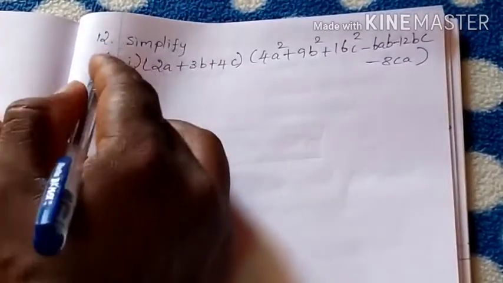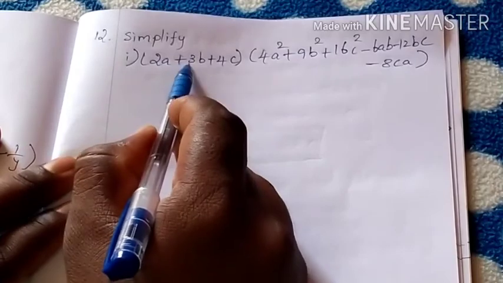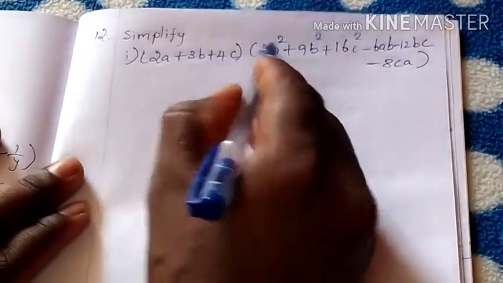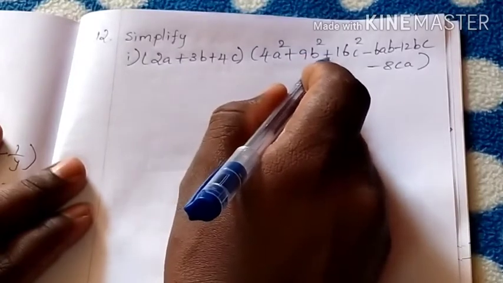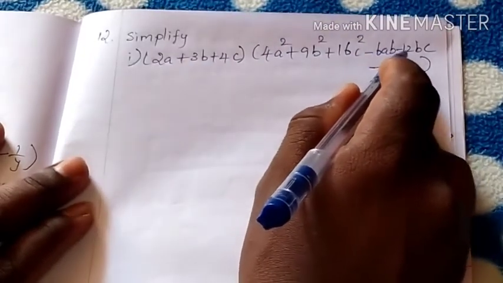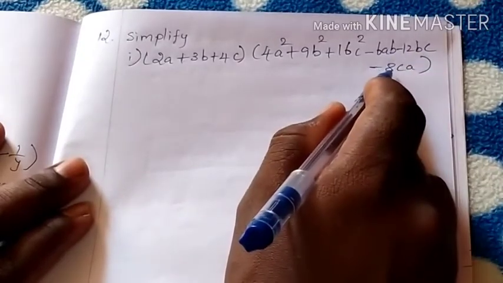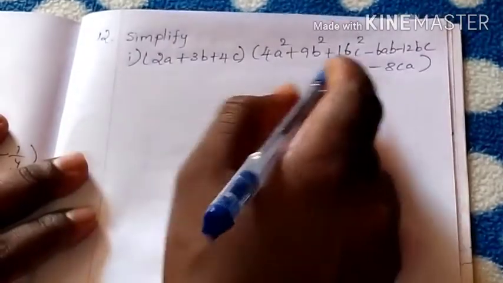Okay, next 12th question. Simplify: (2a plus 3b plus 4c) into (4a square plus 9b square plus 16c square minus 6ab minus 12bc minus 8ca). Okay, this is your question.